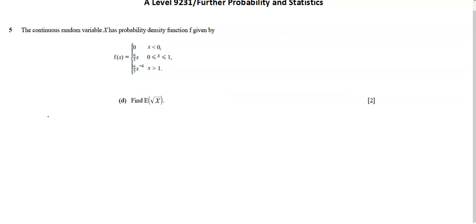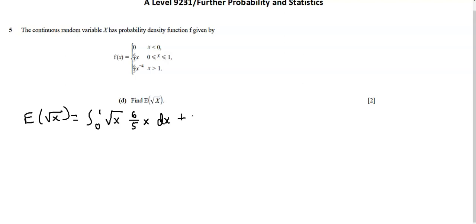Part D, find the expectation of the square root of x. So my setup is going to be that this will equate to the integral first from 0 to 1 of not x times the function, but square root of x times the function being 6 over 5 x with respect to x.